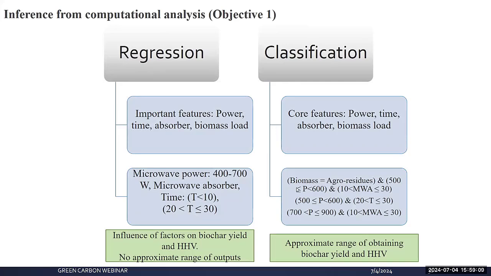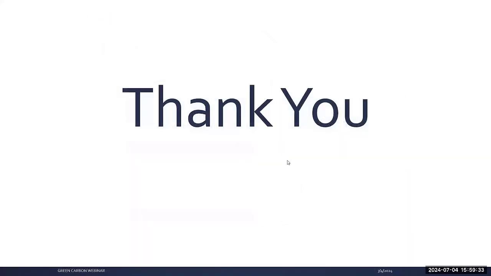Through the regression technique, the influence of factors on determining the biochar yield and HHV could be identified. However, there won't be any approximate range of outputs. Using the classification methods, we were able to get an approximate range of biochar yield and HHV. Thank you. If you have any queries, I'll be happy to answer.